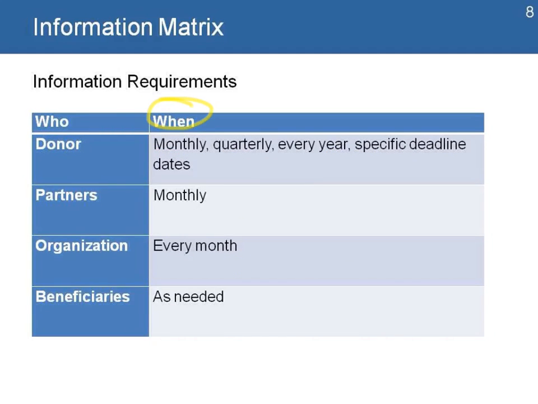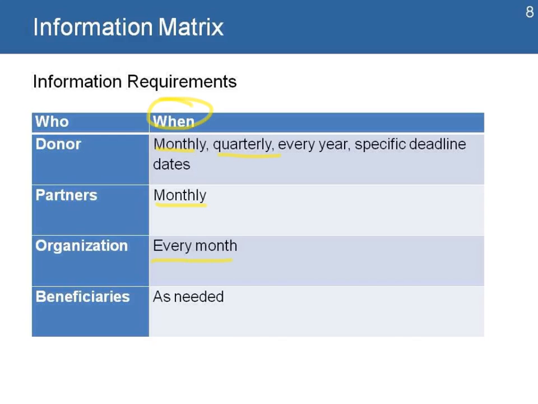Then we ask and answer the question when they need it. The donor might have a specific dates or specific calendars for information. It could be monthly, quarterly, every year. And there may be specific deadline dates that align to their financial fiscal year. Partners may need it on a monthly basis because that could be the rate of how they are going to be coordinating the information.